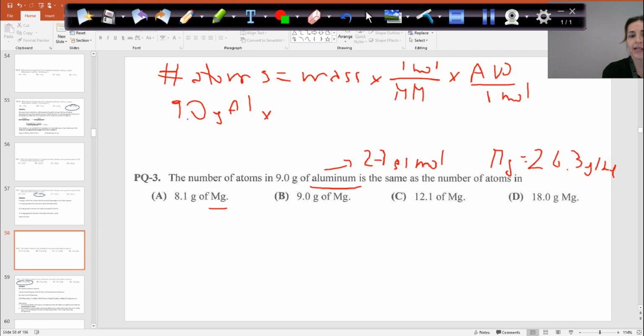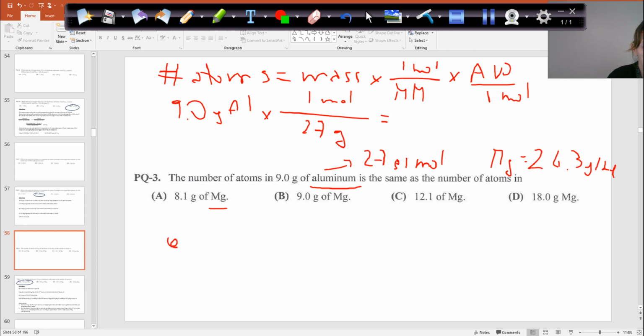So if I want to calculate the number of atoms or even just the moles of aluminum, I'm going to do 9 grams of aluminum times 1 mole over 27 grams. See what that gives me. And I can do that and compare that to A, B, C, and D. Do all the calculations. Now, how would I set up the calculation for magnesium? I am going to use B because it's the same grams, so that it gives me an idea of what to expect.